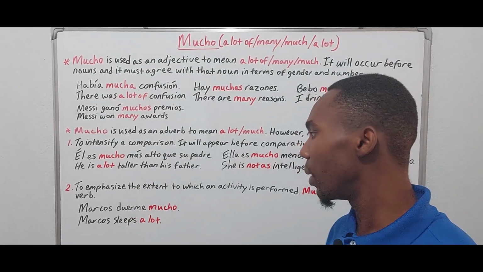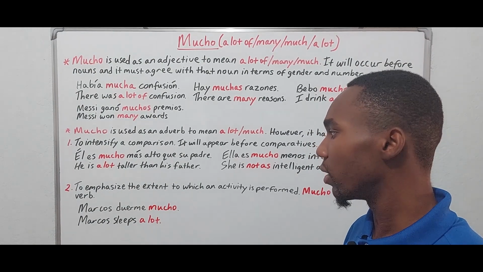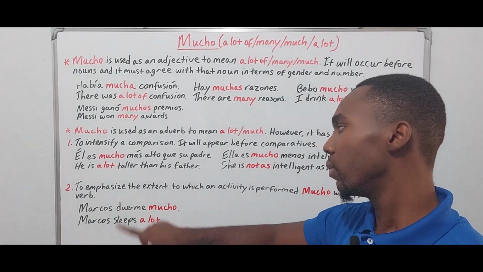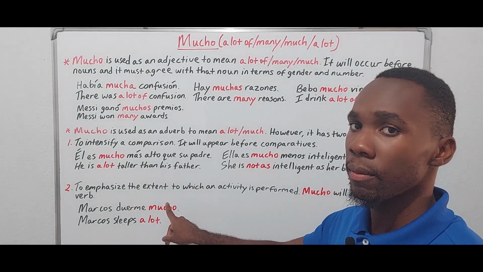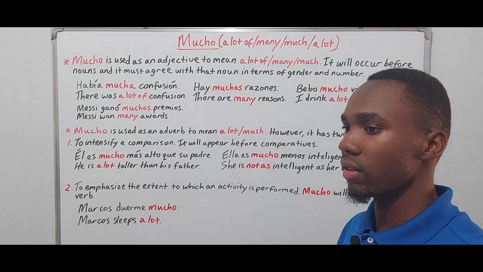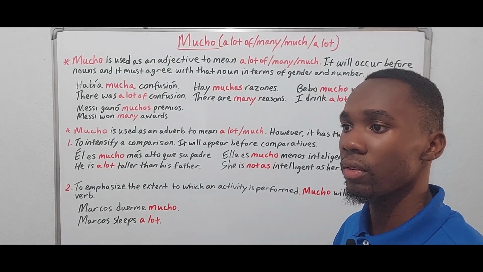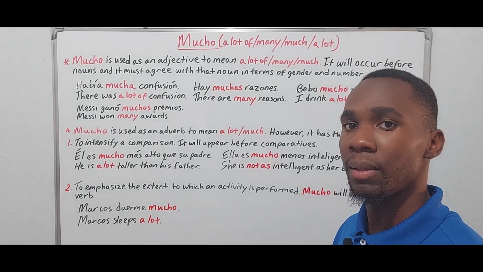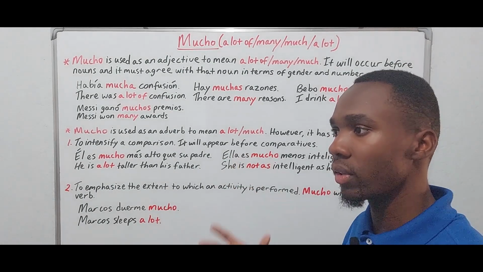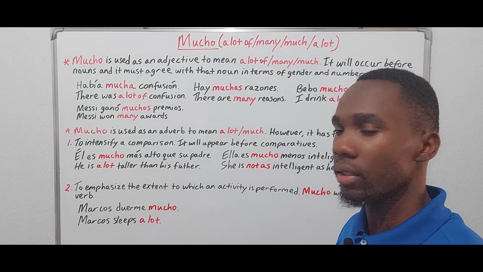So Marcos duerme mucho. Marcos sleeps a lot, right? So we see that mucho comes after the verb. Mucho is modifying duerme, and it tells us the extent to which he sleeps. So he sleeps a lot. That is like a quantity or degree.